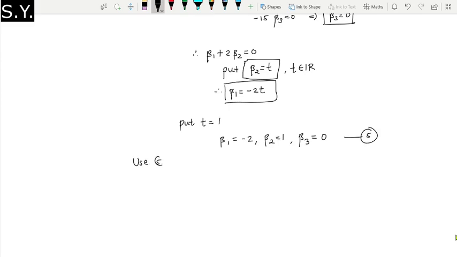तर हे कशासाठी करतोय आपण, इन ऑर्डर टू गेट द रिलेशन बिटवीन c1 c2 अँड c3. सो therefore what you are going to get, -2 c1 plus c2 plus 0 times c3 कारण की β3 ची किंमत तर 0 झाली is equal to 0. Therefore c2 minus twice c1 is equal to 0 and therefore my c2 is twice c1.